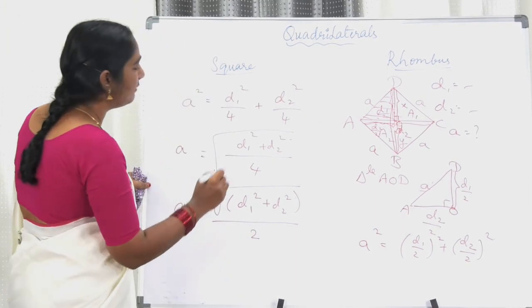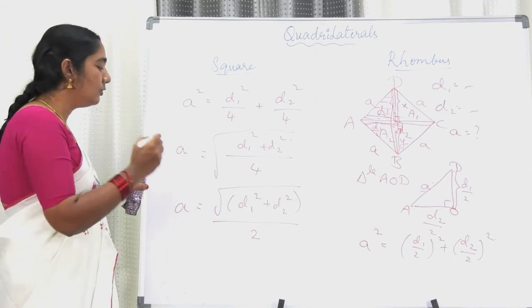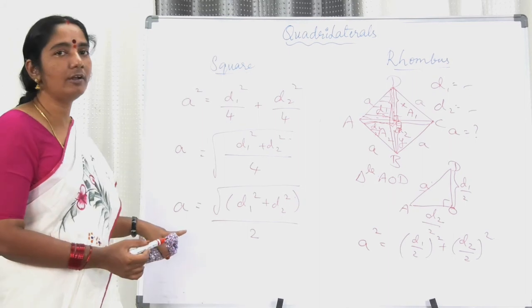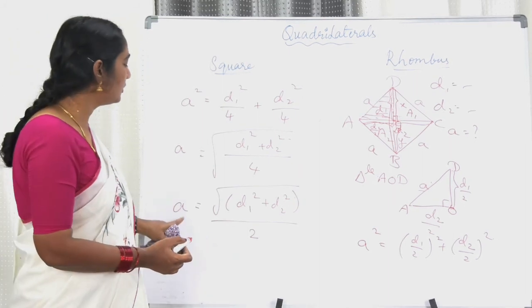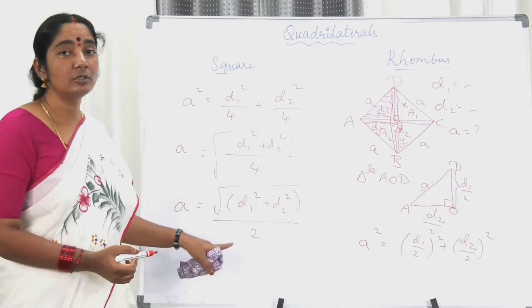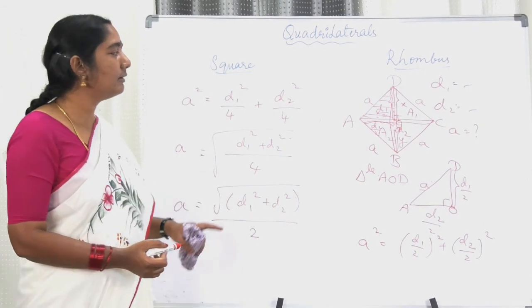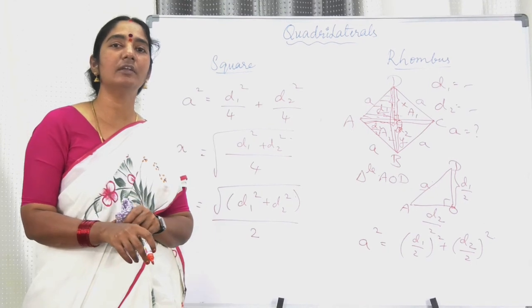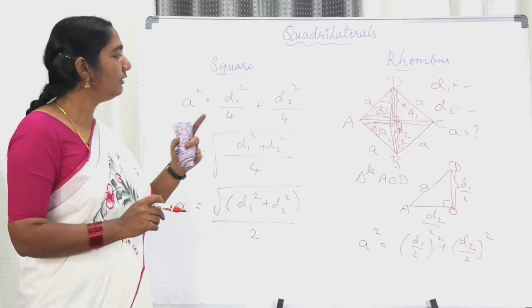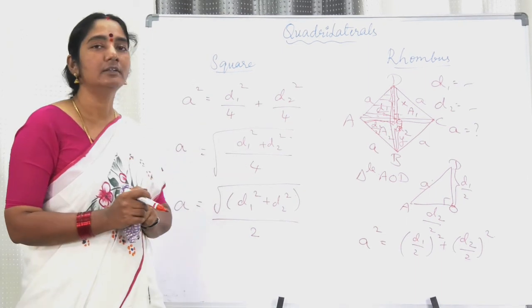So if D1 and D2 are given, you can find the side of a rhombus. The side of a rhombus can be found using this formula: under root of D1 square plus D2 square, divided by 2, where the 2 is outside the square root. So in that way, my dear friends, if D1 and D2 are given, you can find the area and the perimeter of a rhombus.